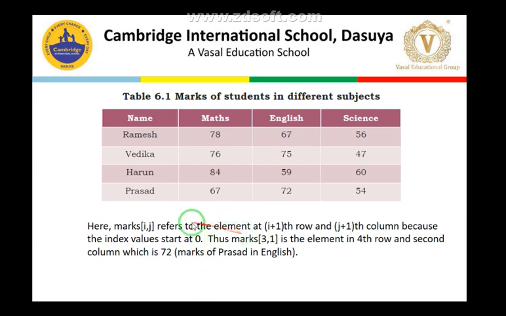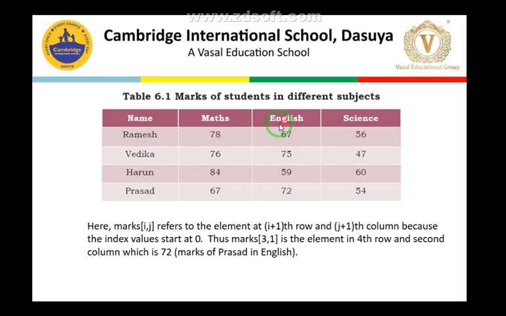Students, here you can see that marks[i][j] refers to the element in row i plus 1 and column j plus 1. Why is this i plus 1 and j plus 1? Clear? Because we are starting from 0 position. So basically this element, Ramesh's 78, his index value is 0 0, but technically this is row 1 and column 1.